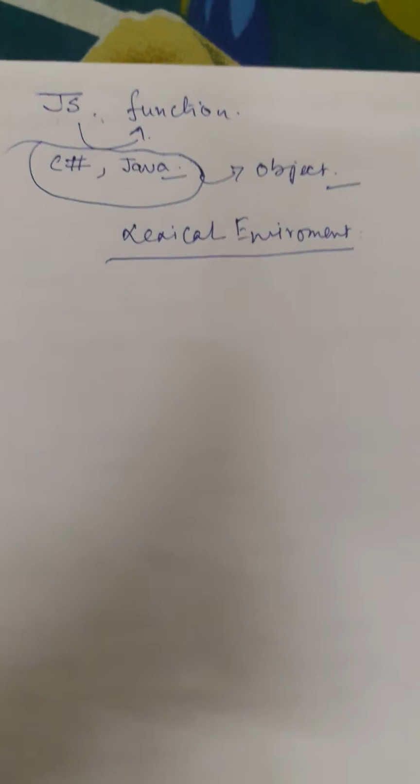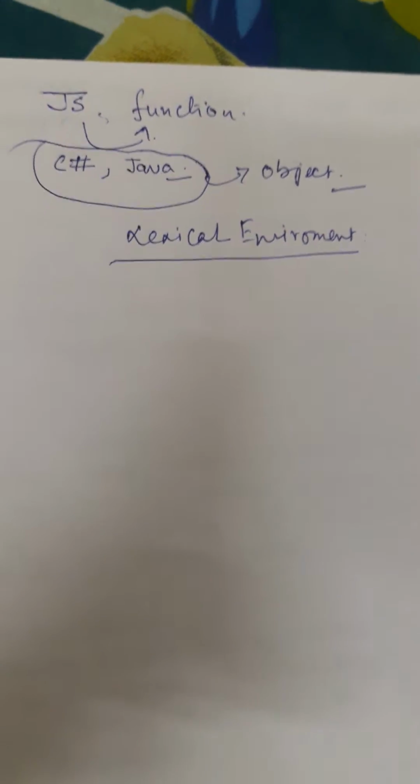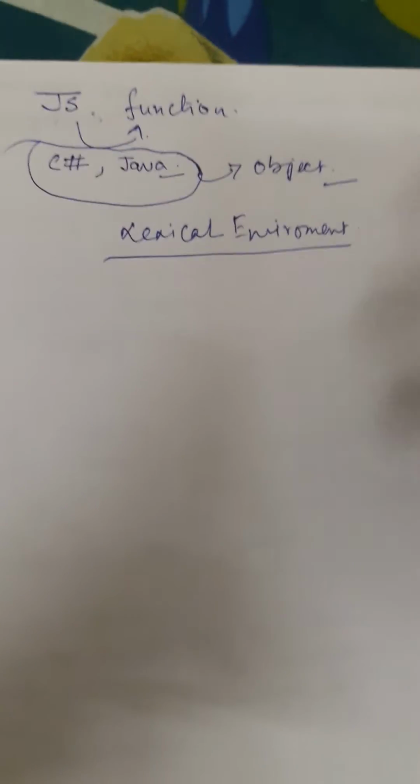Okay, but before going into that, I just want to bring up some topic. Let's assume that we have some variables and we are trying to understand the scope of those variables.